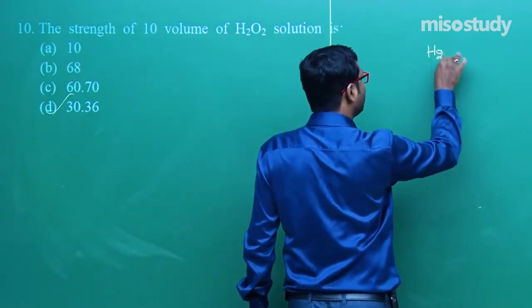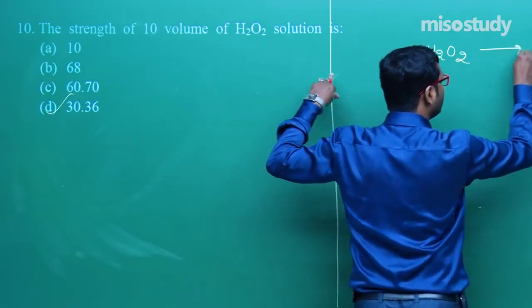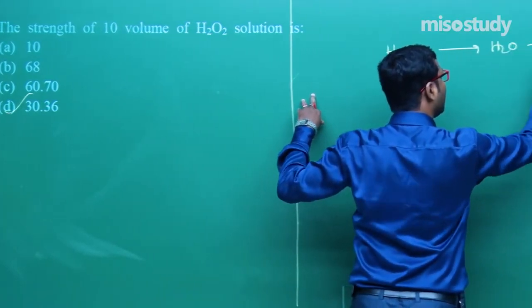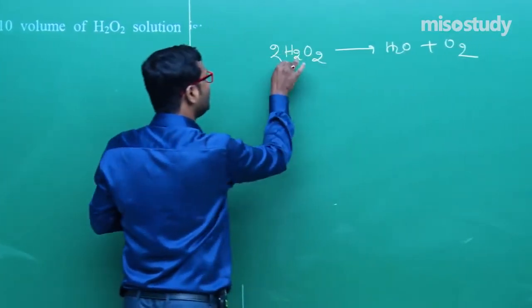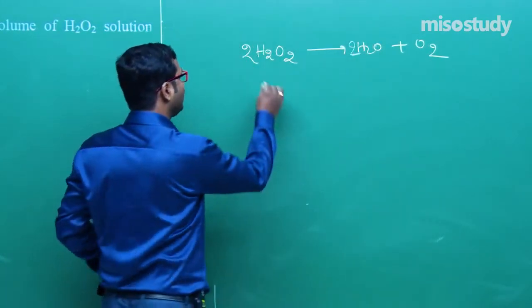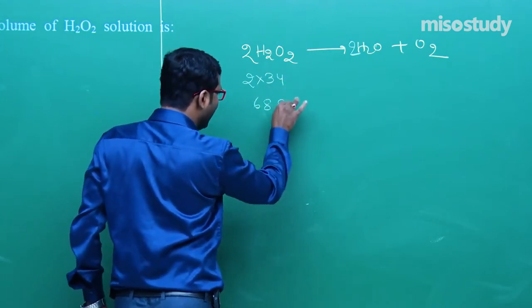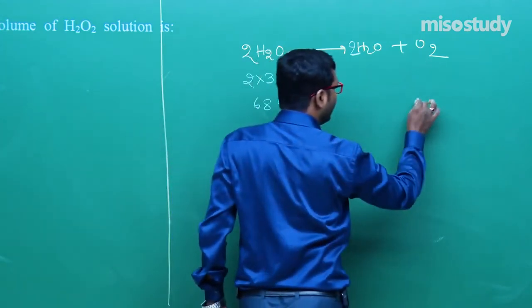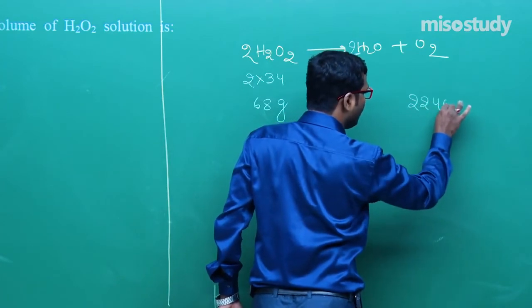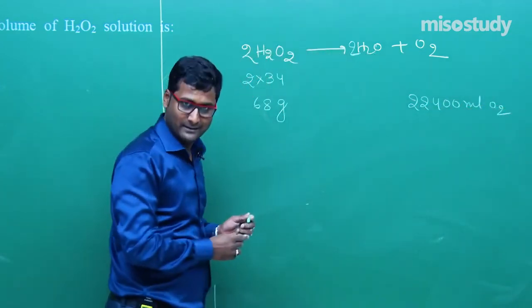As we know, for the volume strength of H2O2, H2O2 gives you H2O plus O2. Balance this: 2H2O2 gives 2H2O plus O2. Clear? That is 2 into 34, that is 68 gram of H2O2 gives you 22400 ml of O2 at STP. Clear?